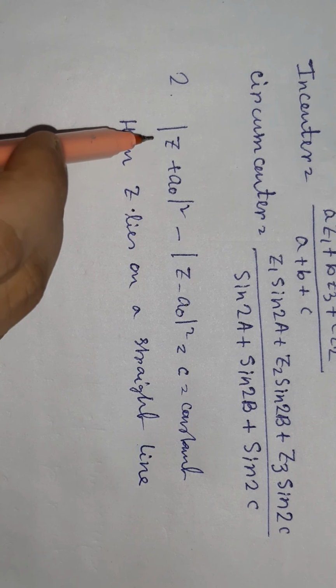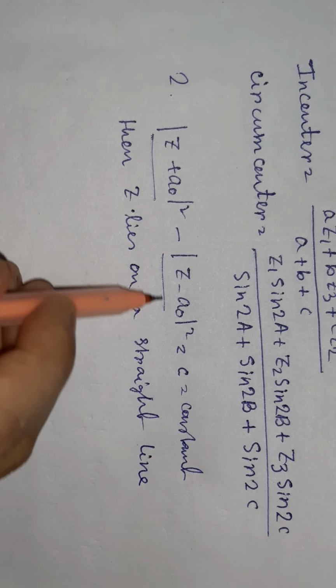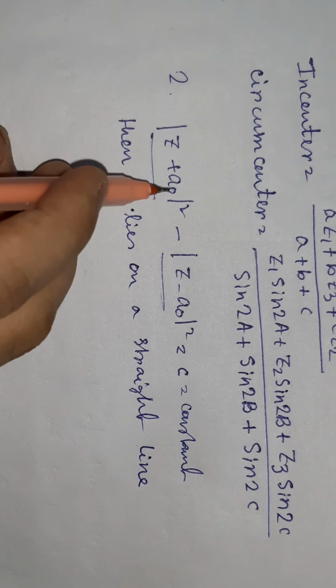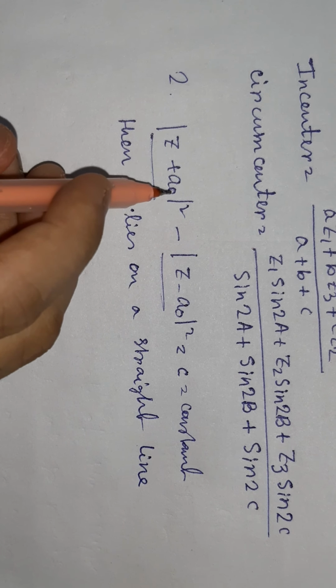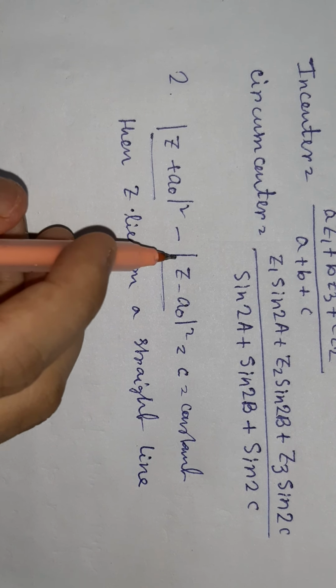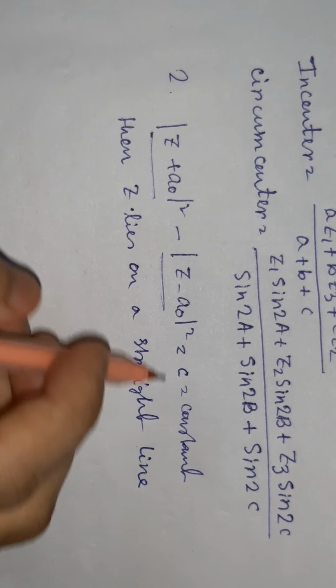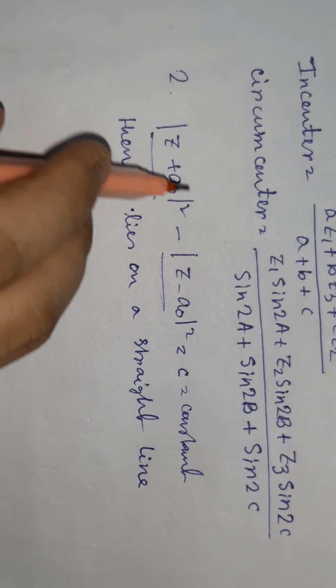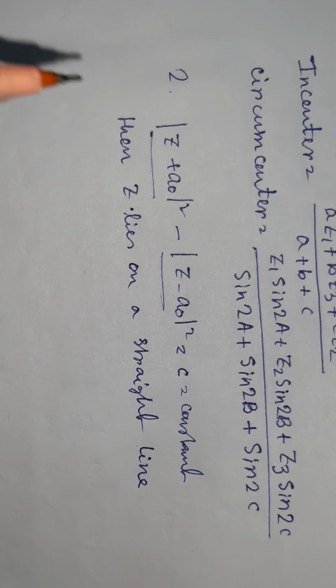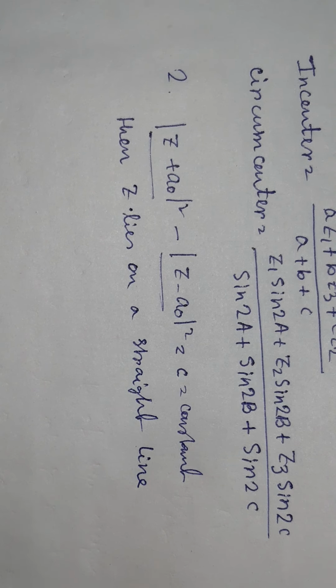This is very similar to the circle, but if the difference of the moduli is some constant, then z lies on a straight line.